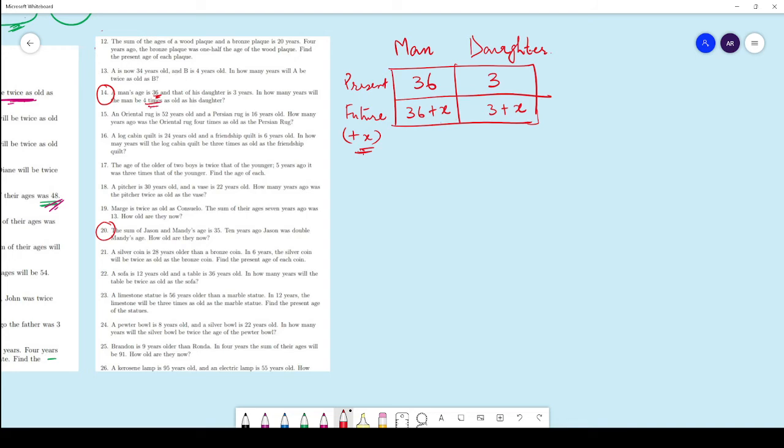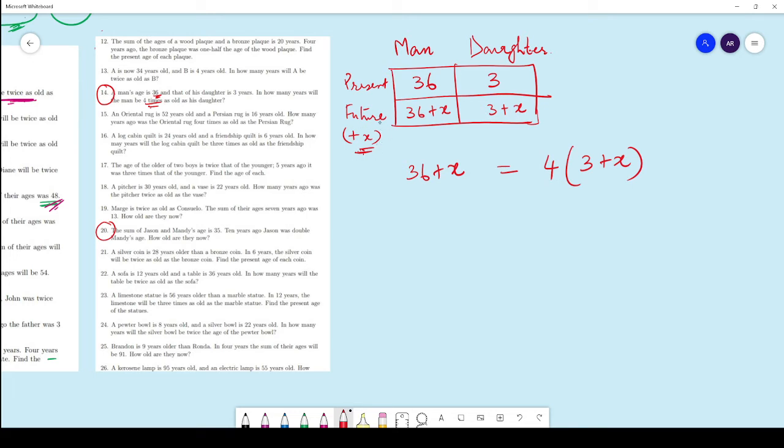as 4 times. So now what it says is 36 plus x after x years. When you make the daughter's age 4 times, it will be equal to the man's age. So this is how we come across this equation. I want you to watch this very carefully and understand this very carefully. Here, the number of years is not given.